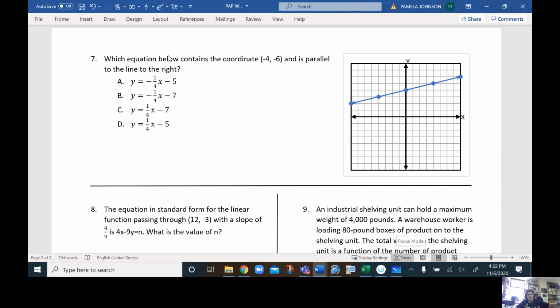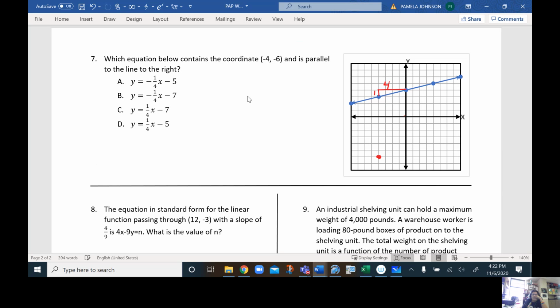They should all be minuses. So, all right, so 1, 2, 3, 4, 1, 2, 3, 4, 5, 6. Here's the point it passes through. It has to be parallel to the other line. So this line goes up 1 and right 4.